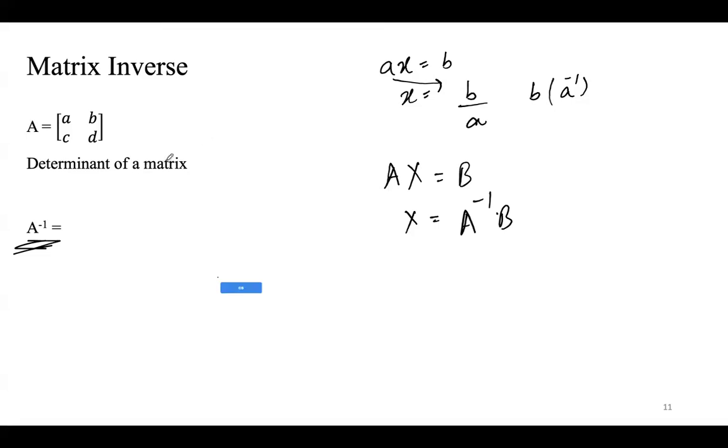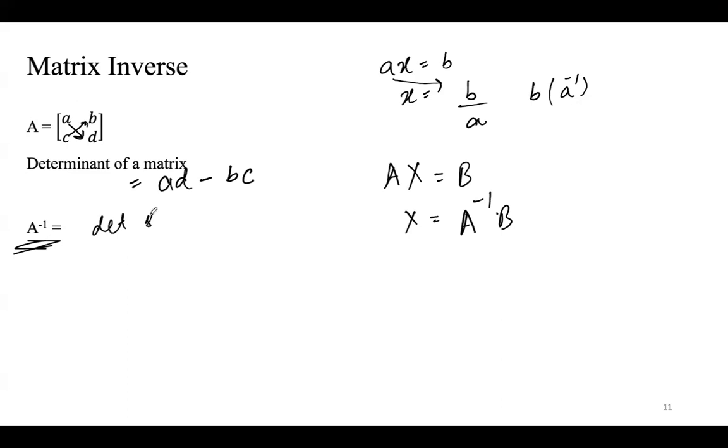There is something called the determinant of a matrix, which for a 2 by 2 matrix is A into D minus B into C. Basically this and this element like that. If it is non-zero, the matrix inverse can be calculated.